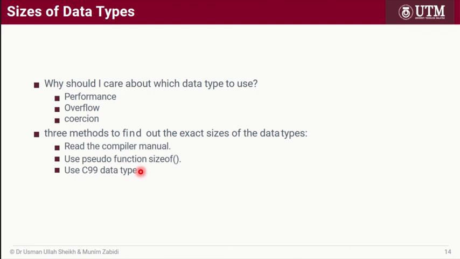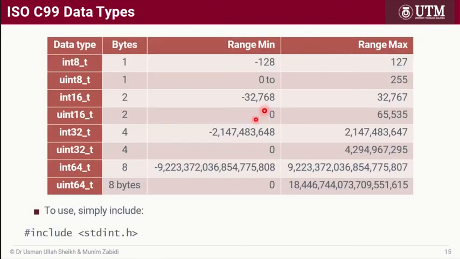What are the ISO C99 data types? This is the table of the ISO C99 data types. You see this is the data type, this is the size of the data, and this is the range from minimum to maximum. If you put int8_t, it means you're going to use 8-bit data.